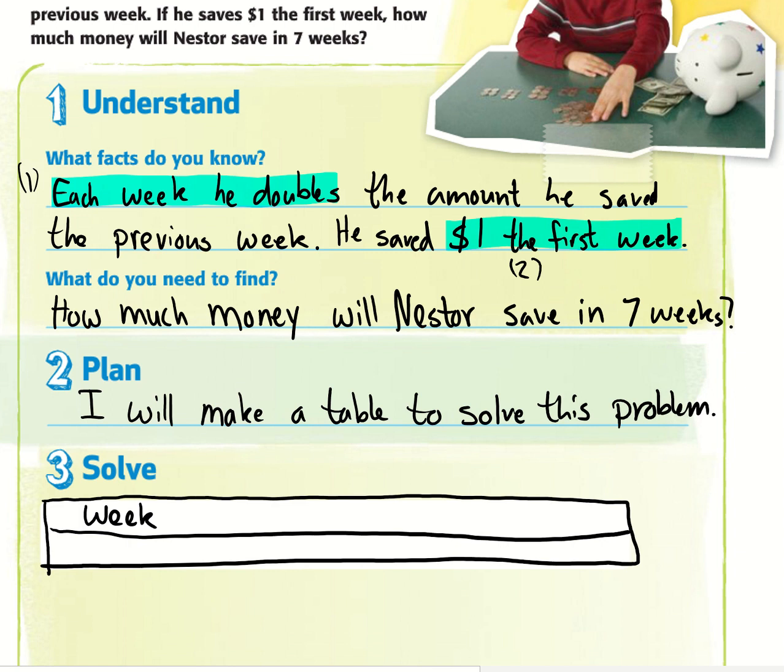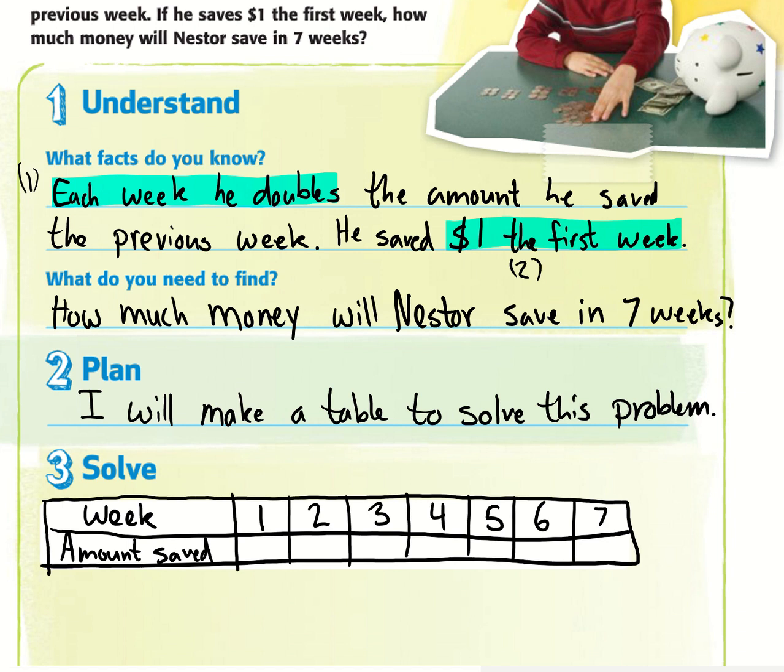So we're going to say amount saved. So we need to know how much he saves in 7 weeks. This is week 1, week 2, 3, 4, 5, 6, and 7.